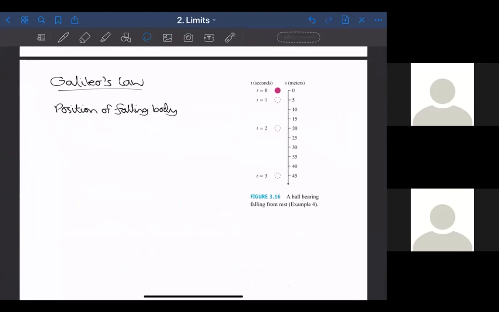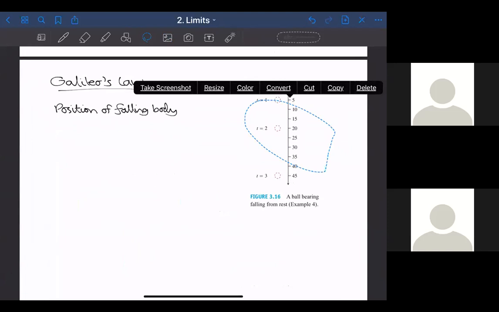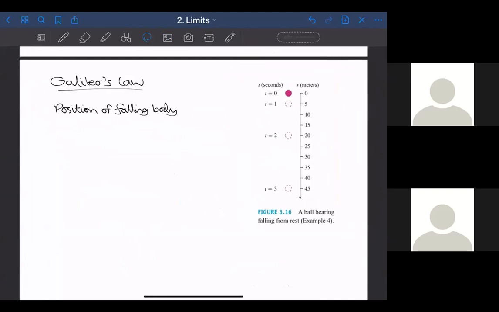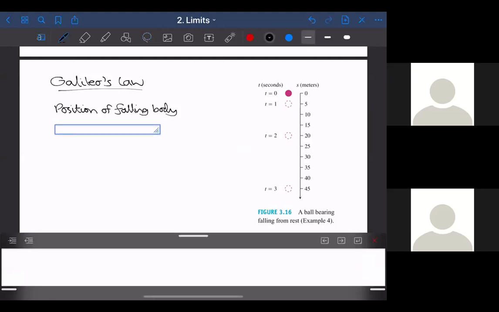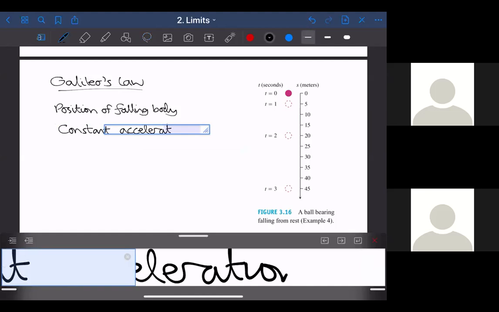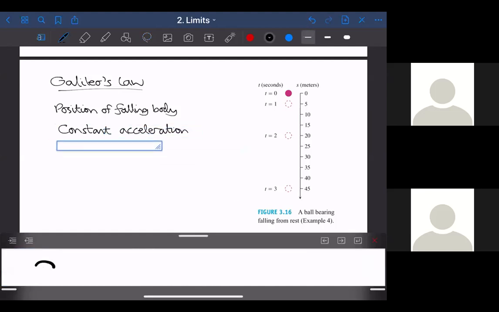So if you drop an object and you wait for 1 second, then that object will go 5 meters. After 2 seconds, it will go 20 meters. After 3 seconds, it will go 45 meters. And the reason for this is the constant acceleration due to gravity.